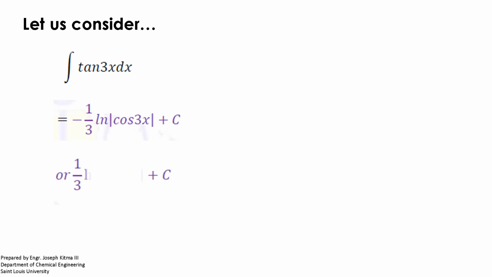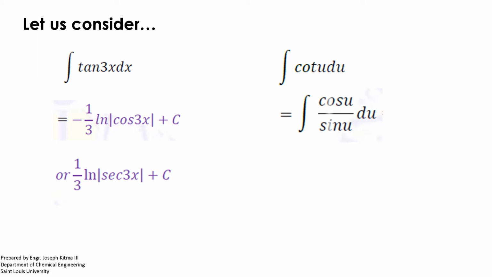Or we could write this as 1/3 times the ln of secant 3x plus c. If we consider the integral of cotangent u du, and if we apply the trigonometric identity formula, we could write this as the integral of cosine u all over sine u times du.